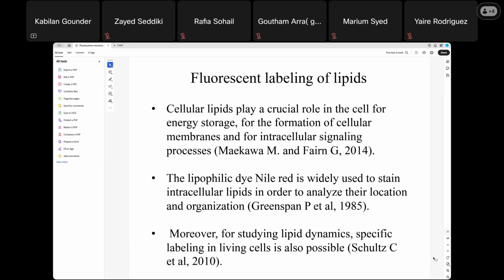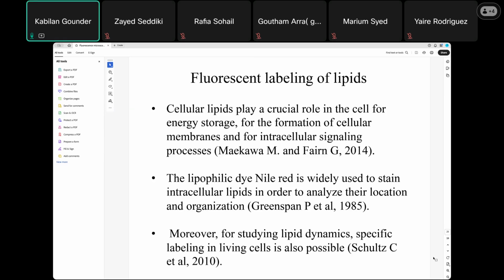Another thing is the cellular lipids, which play a crucial role in the cell for energy storage, for the formation of cellular membranes, and for intracellular signaling processes. The lipophilic dye Nile red is widely used to stain intracellular lipids in order to analyze their location and organization.